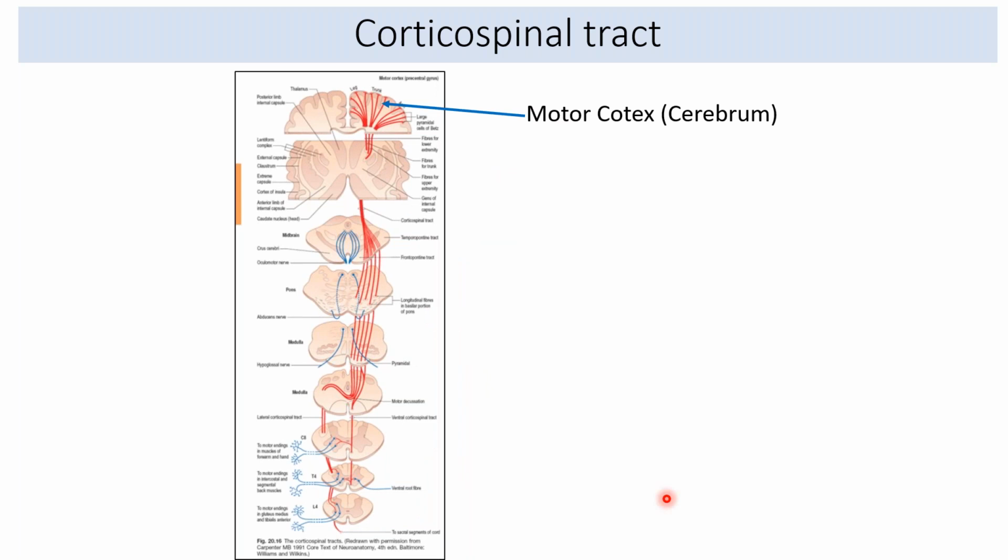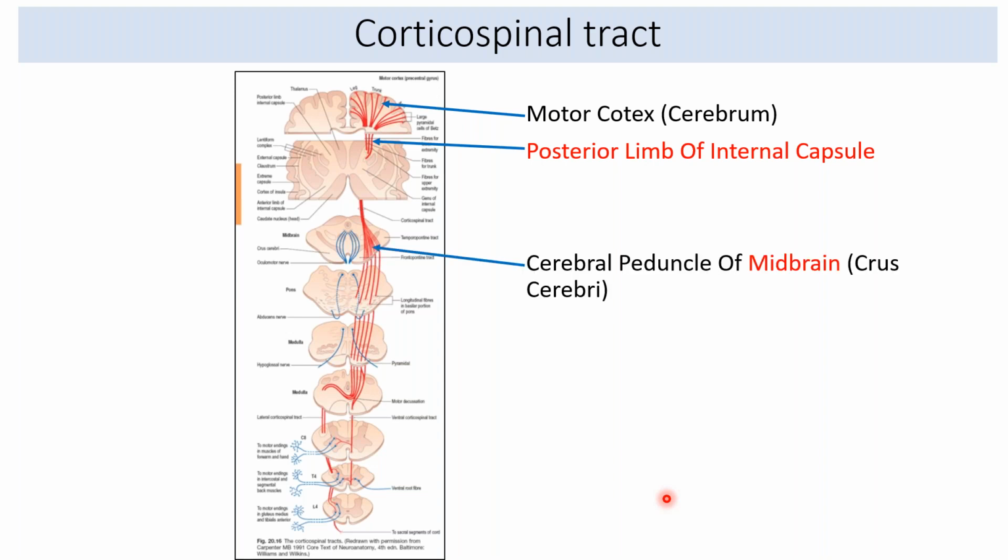This arrow was denoting the motor cortex area, cerebrum, and this next arrow, it descended down through the posterior limb of the internal capsule. It reached the midbrain, where in the midbrain it is the crus cerebri part, the anterior most part in the middle. Then it reached the pons and was interspersed with the pontine nuclei. And then in the upper medulla, it formed the pyramid.